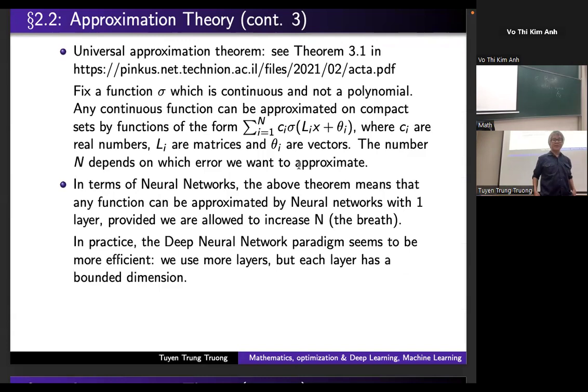People found by experiments that if you use more layers, it's better than using only 2 layers. Even though the theorem says that 2 layers is good enough, in practice more layers are better. Maybe not too many, but more than 2 is better.